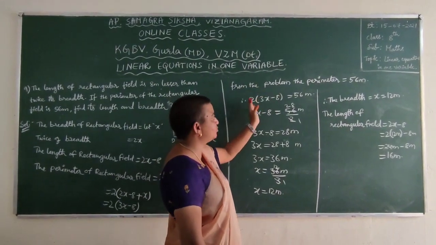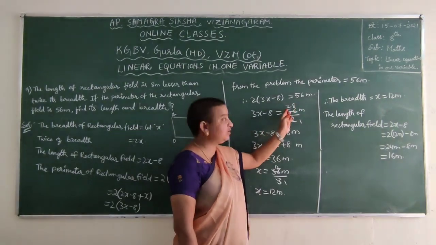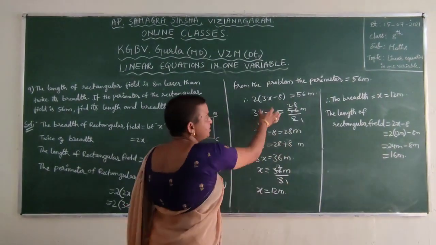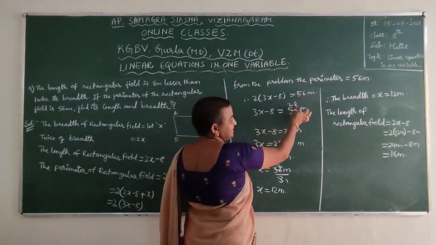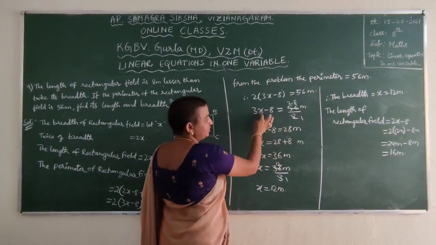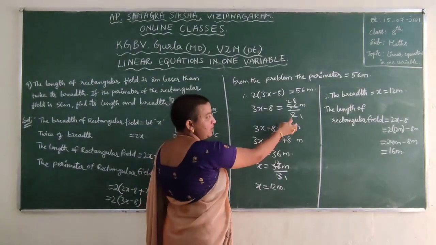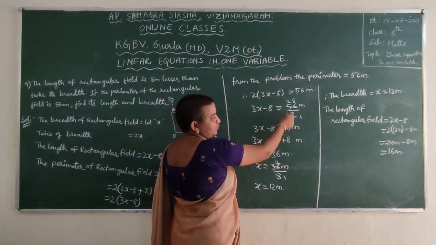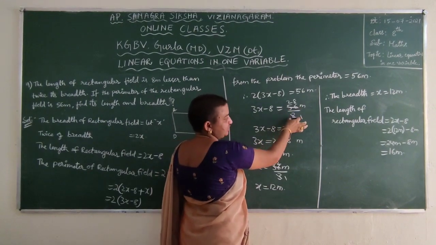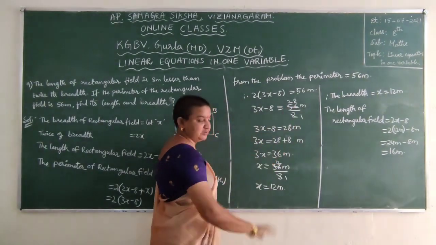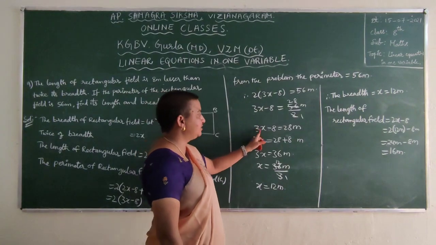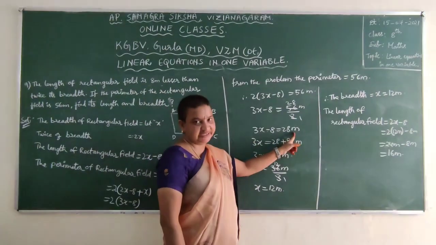If we transpose 2, it will divide the term. So 3x minus 8 is equal to 56 by 2. If we divide 56 with 2, we get 28 meters. Okay. So 3x minus 8 equals 28 meters.